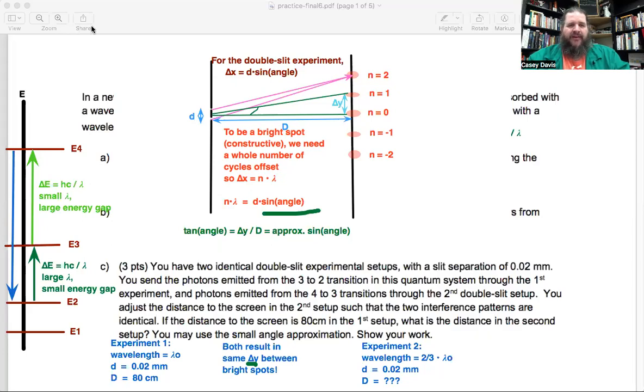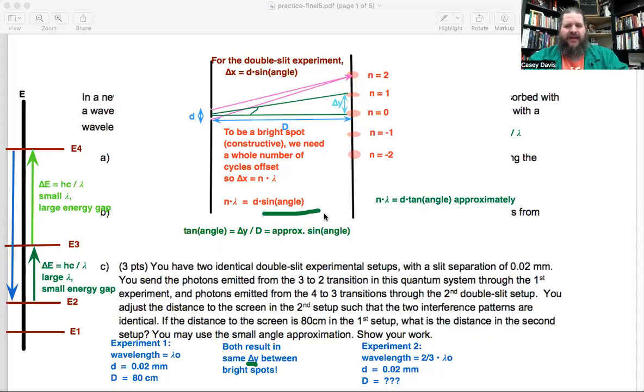So we can make that replacement. We can say that n times lambda equals approximately d times sine of the angle. No, sorry, n times lambda is exactly d times sine of the angle, but that's approximately equal to d times tangent of the angle. So n times lambda is approximately d times tangent of the angle.